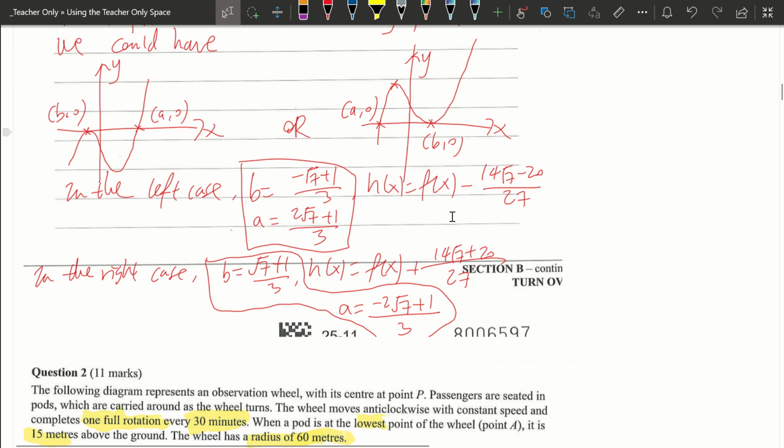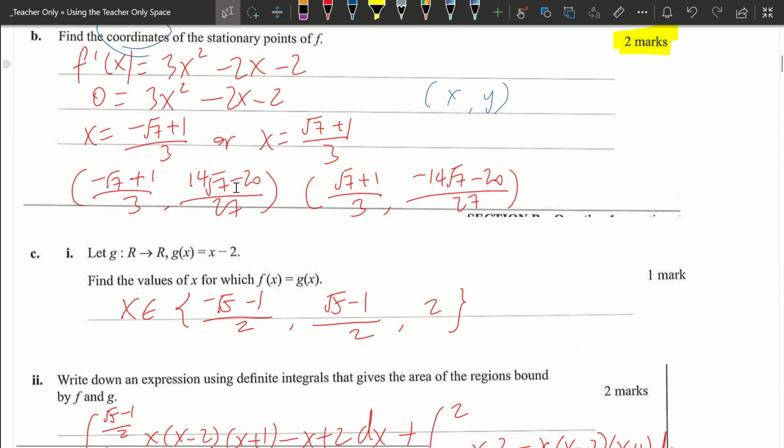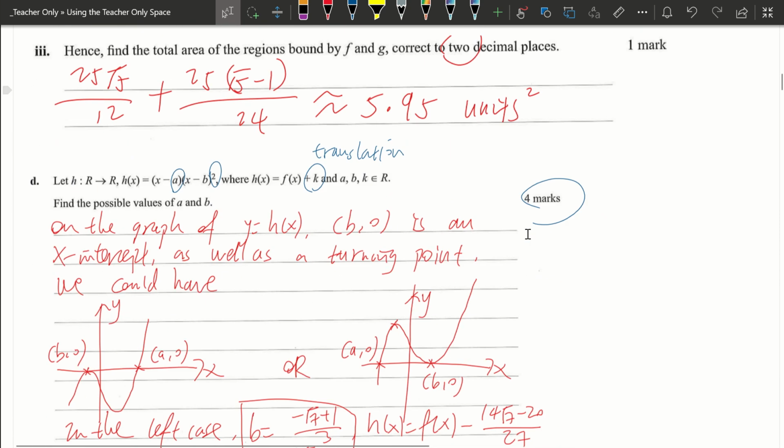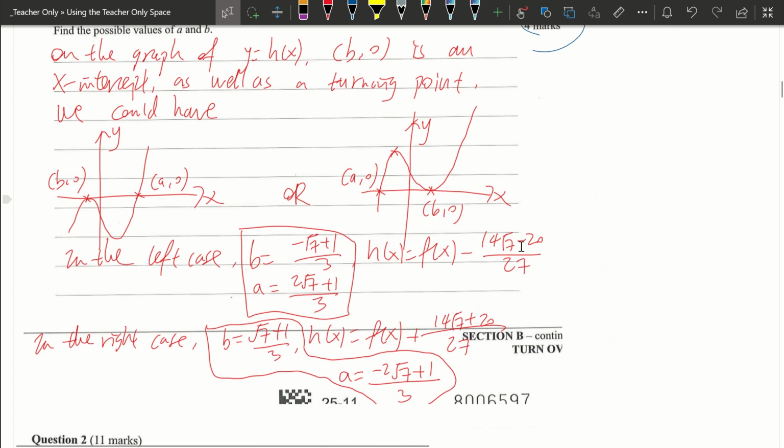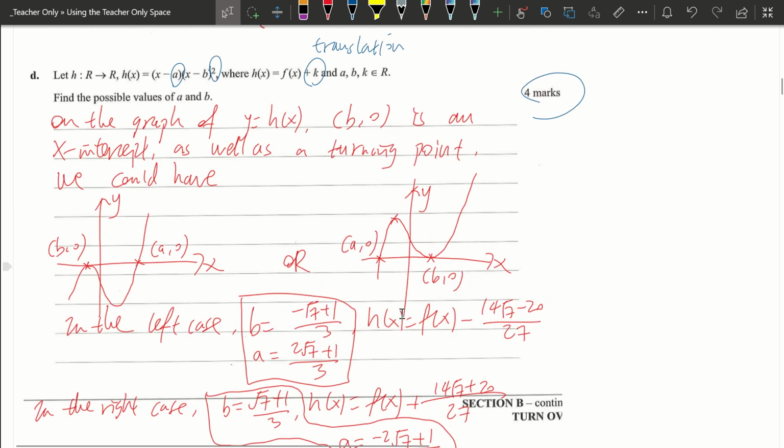So it goes like this. I take this number, 14 root 7 minus 20 over 27, and I take f and minus that exact number to translate my graph down. So once I've done that, I have the rule of function h, which means I can then figure out the other x-intercept, which gives me the value a, and that's a calculator step.